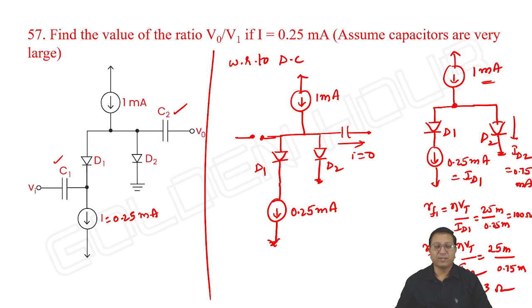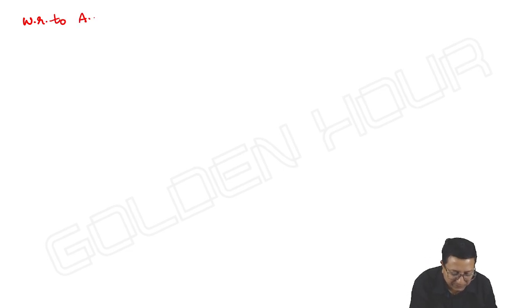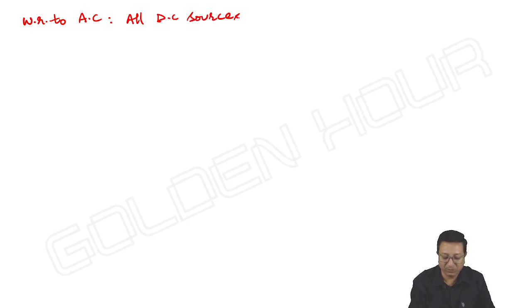Next, let us take the circuit with respect to AC. Okay. What can we write with respect to AC? With respect to small signal AC, what happens? All DC sources, I have written it already in the previous problem, are made zero.